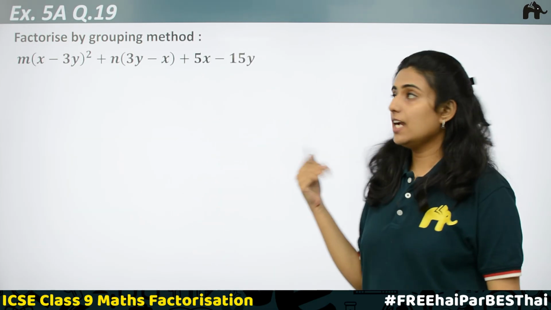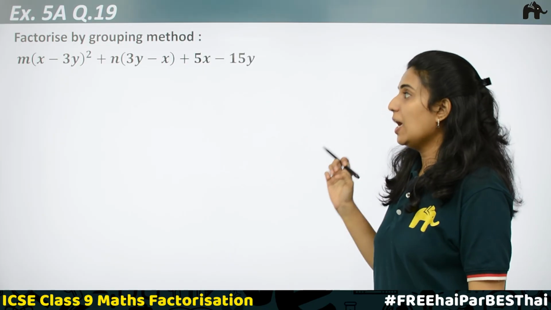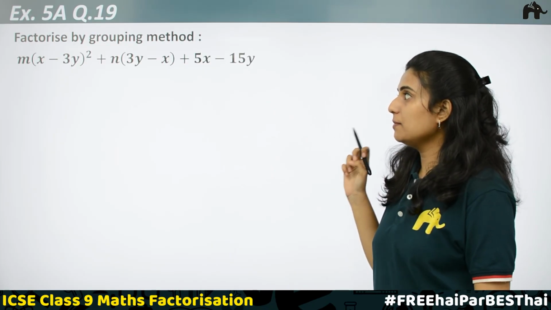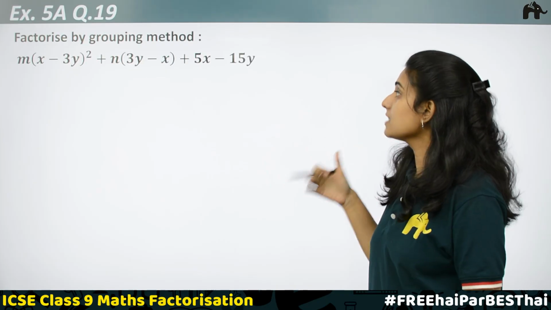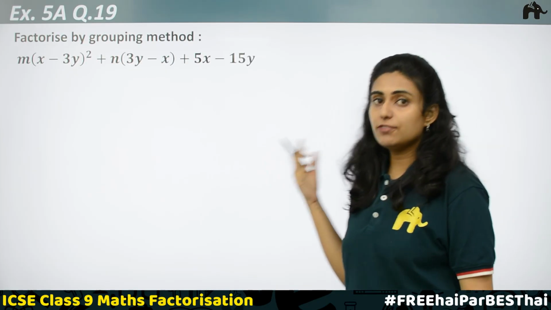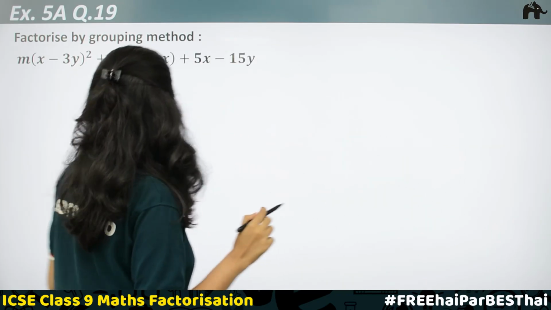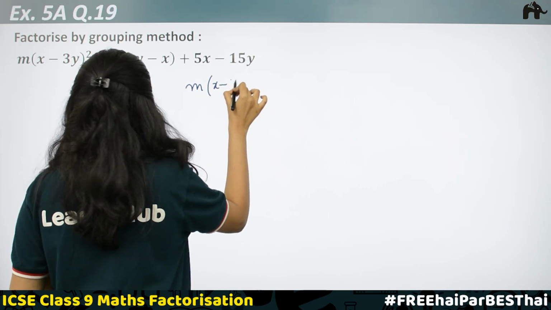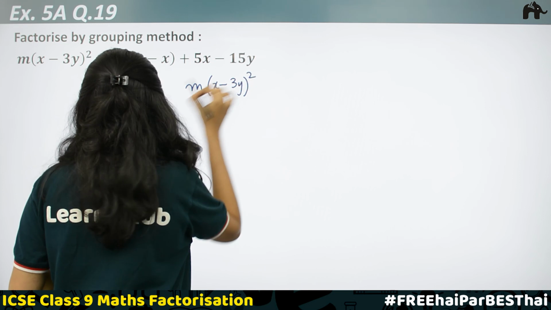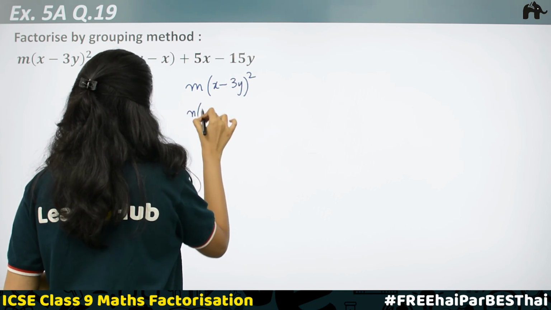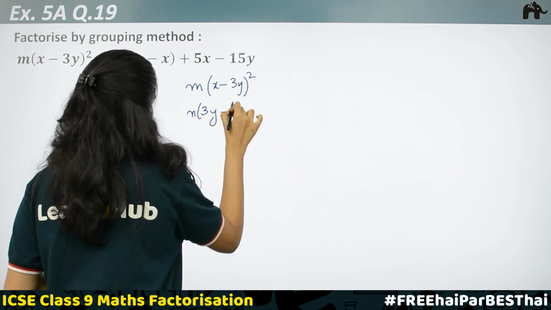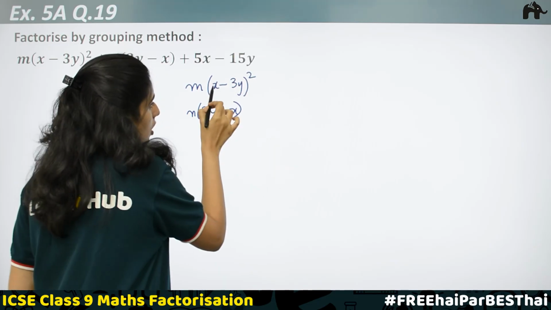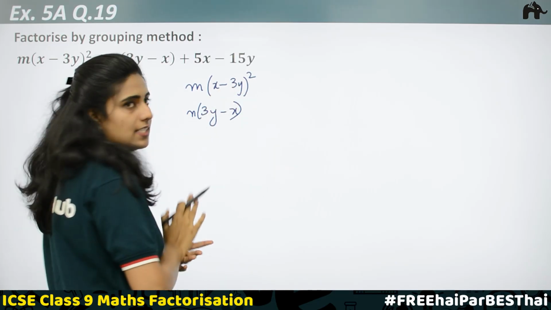Question 19 of exercise 5a: m(x - 3y)² + n(3y - x) + 5x - 15y. So we have to take common factors. Here we have the first term m(x - 3y)². The second term is n(3y - x), which can be written as, to take common, we need to have x - 3y.